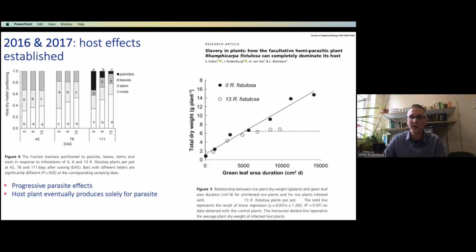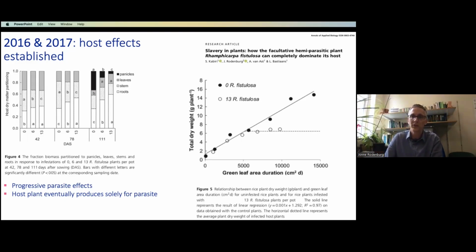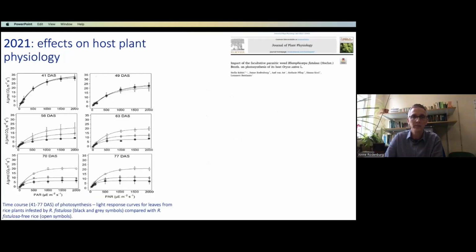This is why we came up with the title of this paper, Slavery in Plants, because Rhamphicarpa becomes a sort of master, and rice is really serving only the parasite. So this is another paper where we have shown how it is affecting the host plant physiology.